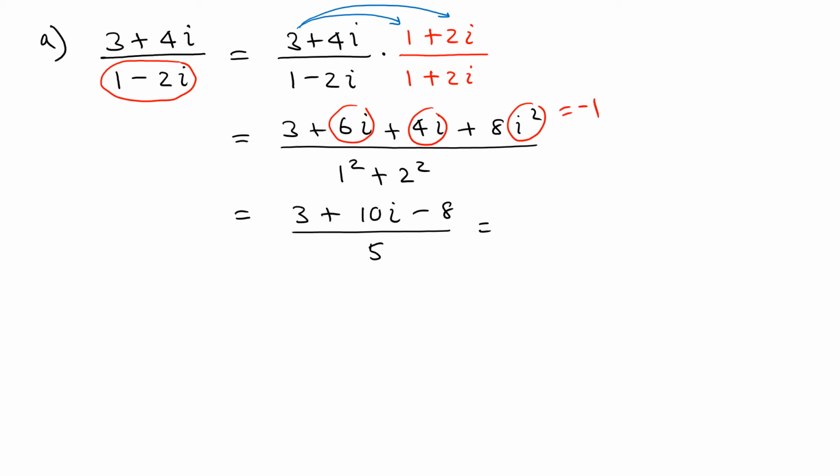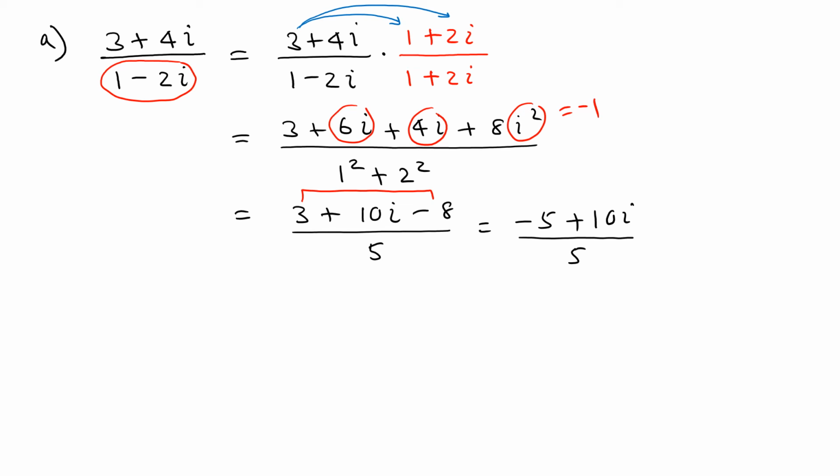Then you can simplify this again: 3 and negative 8 is negative 5. So you get negative 5 plus 10i divided by 5.